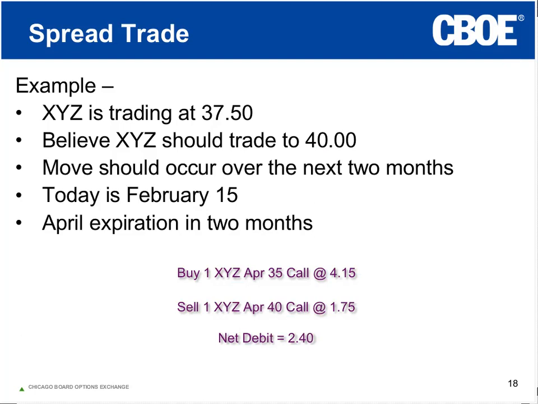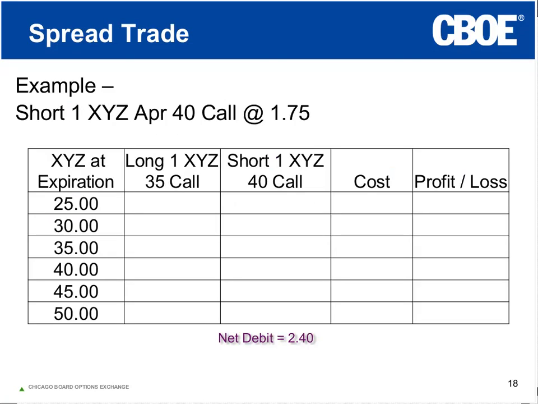And the net cost, we use those accounting terms, debit and credit, an awful lot when we start talking about spread trades. In this case, it's a net debit, and it is a cost of $2.40. We can also do spread trades where we actually get paid to put the position on, and that's something we're definitely going to address next month.